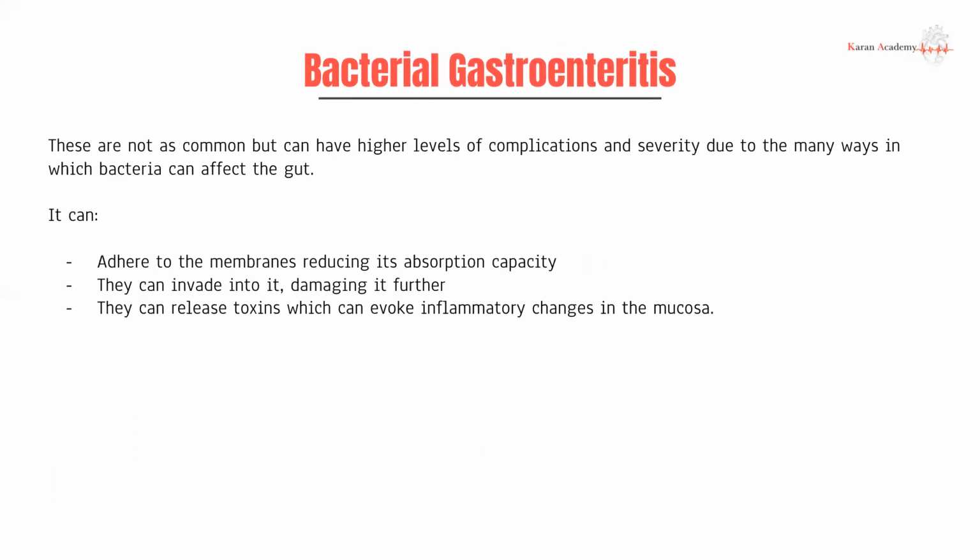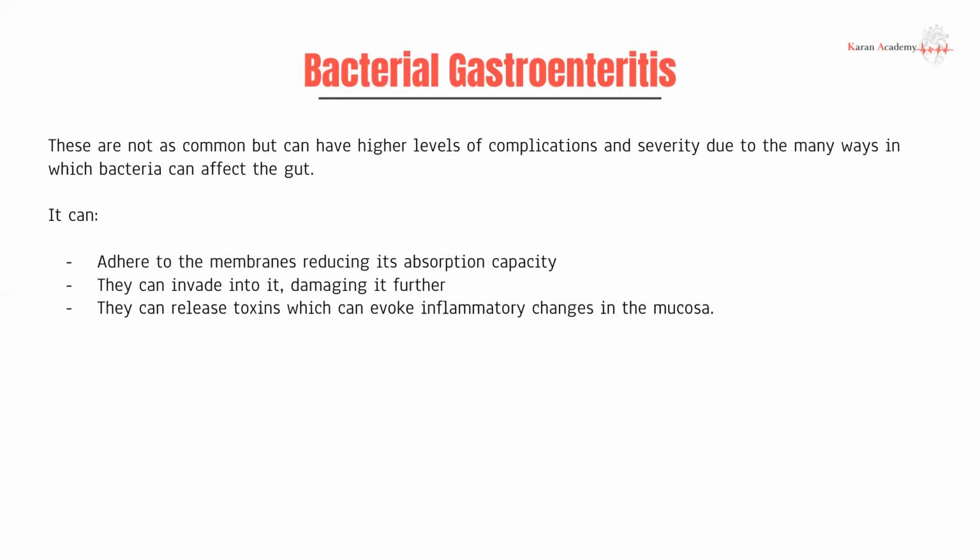Next, we have bacterial gastro, which is not as common, but can be more severe. It basically causes symptoms through three mechanisms. It can, one, adhere to the membrane, reducing its absorption capacity. It can invade it further and then damage those brush border epithelial cells.